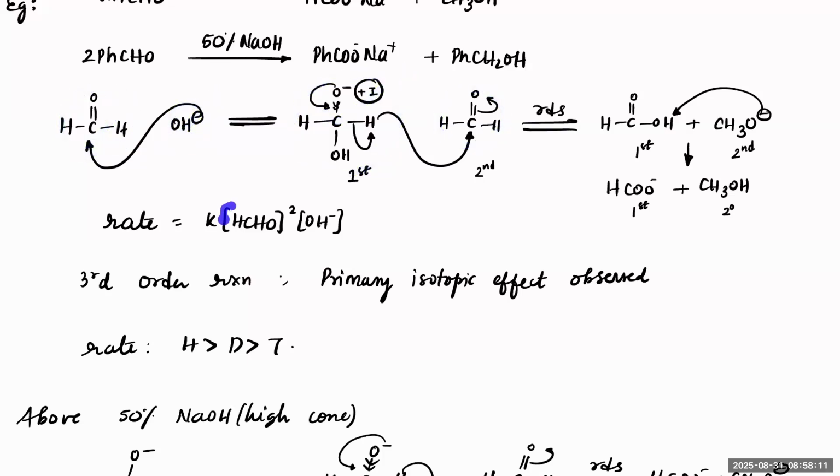So that's how you will get 2 moles of aldehyde square and 1 mole of OH minus, I mean OH minus power 1. So that's how you will have rate in this form, which is a third order kinetic reaction. Okay.